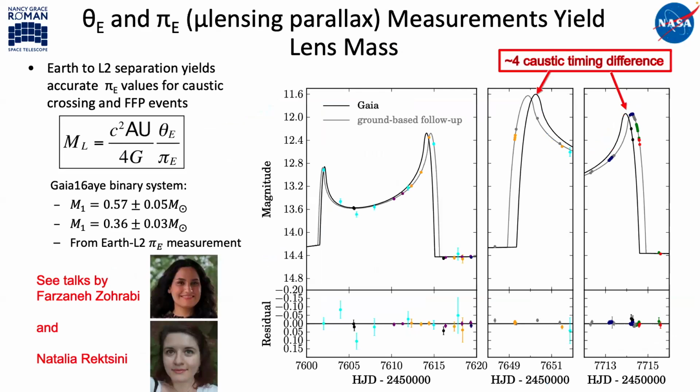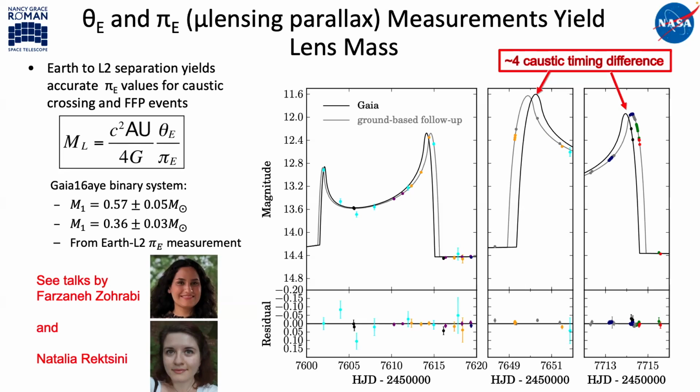Another important thing that was discussed before is that the ideal thing would be, in addition to t_E and theta E, to also measure the microlensing parallax. And the crucial thing here is that the separation you need to measure the parallax of these very short duration events is about 1/100th of an AU, which is the distance between the Earth and L2.